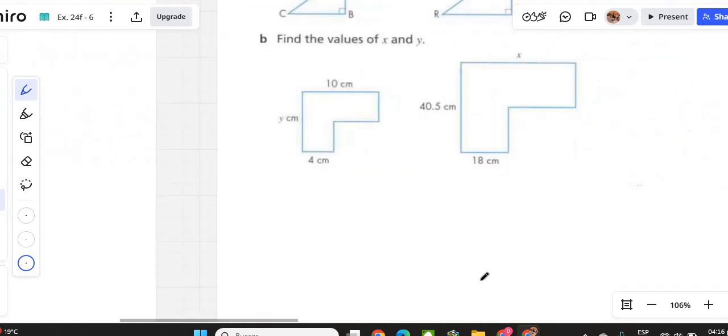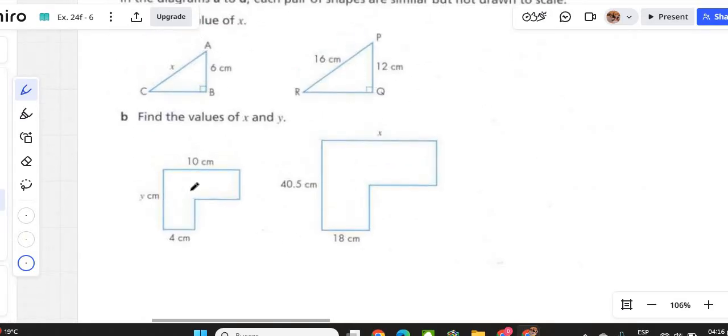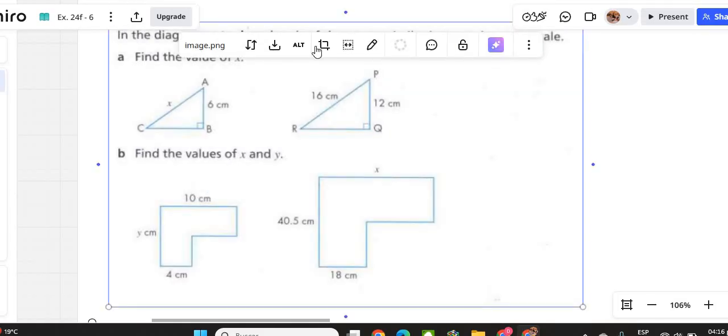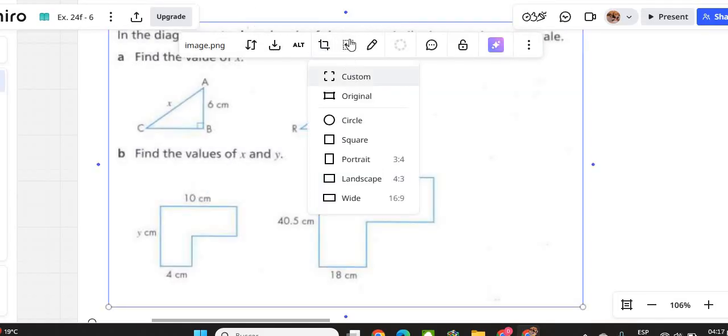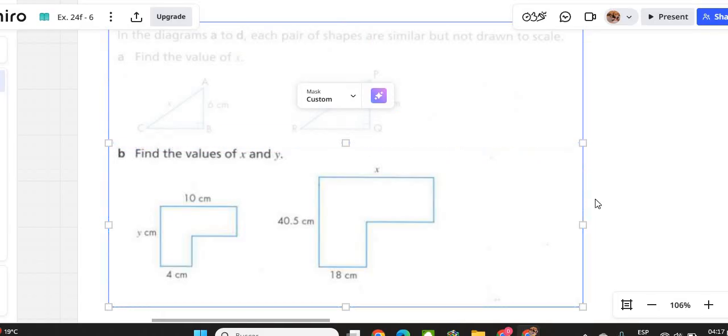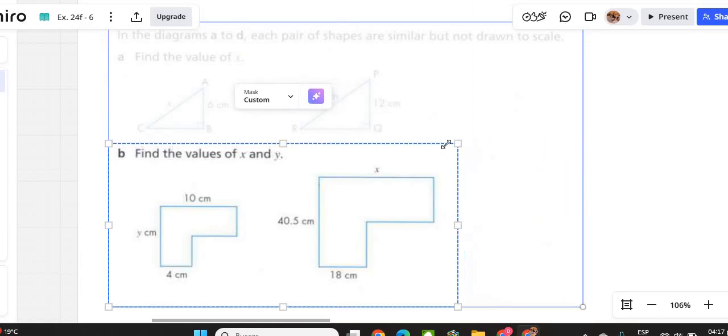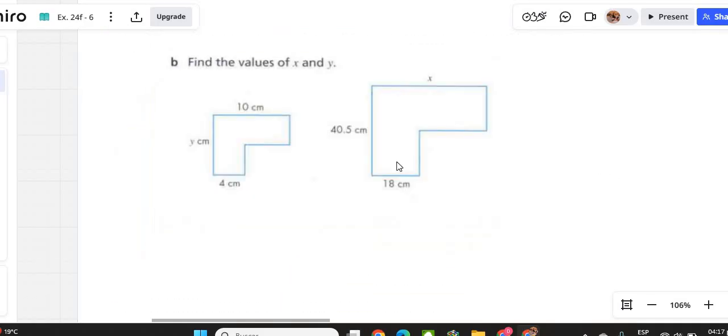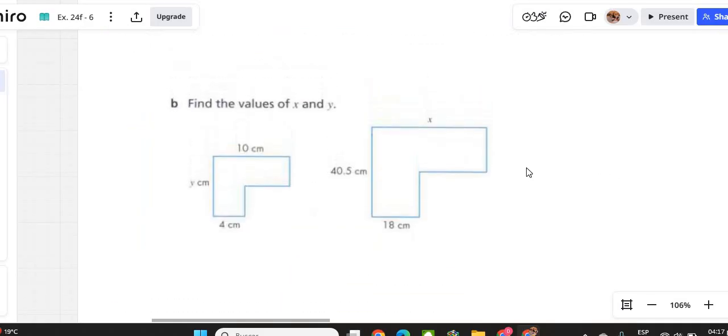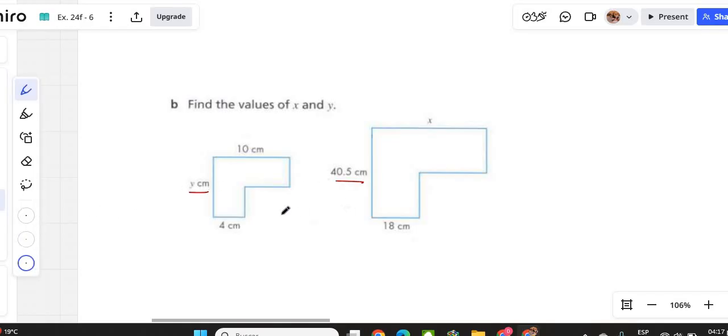Let's do, for example, this other exercise, B. It says find the values of x and y. In this exercise also you have two similar shapes, and you have to find the corresponding sides. As you can see very clearly, these two are corresponding sides.